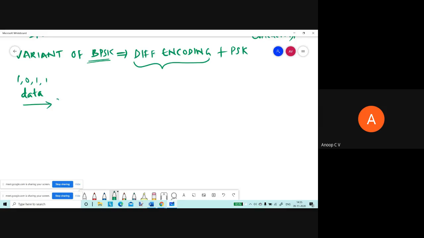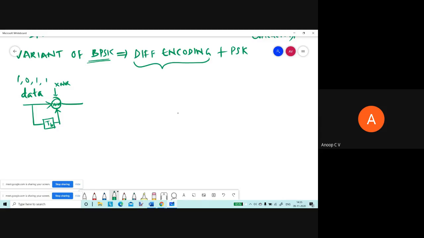So how are they differentially encoded? We have a differential encoding block. It will perform an XNOR operation. It will provide a 1-bit delay. So a current bit will be XNORed with the previous bit.